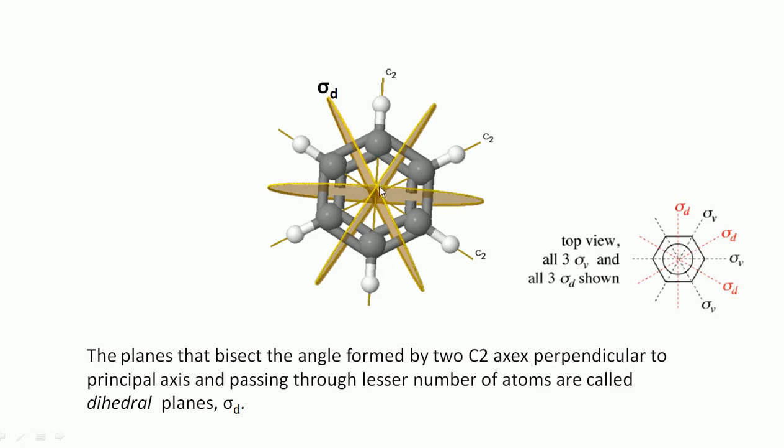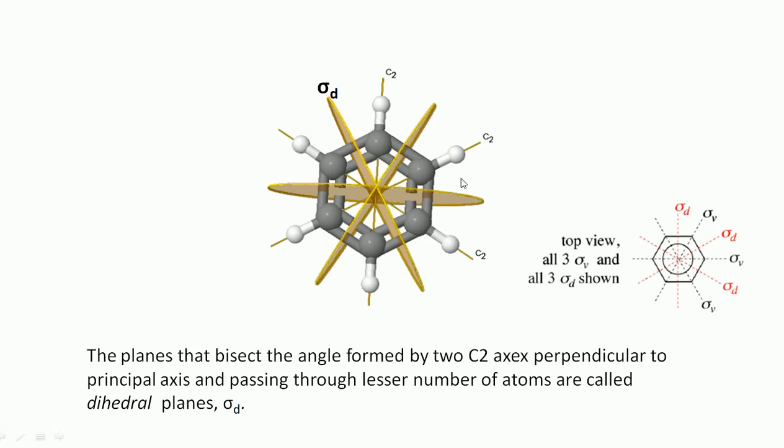Okay, and the principal axis is passing through the center of the molecule, which is perpendicular to the plane of the molecule. Okay, and now you see the plane marked here. Those planes actually bisect the angle formed by the two C2 axes.